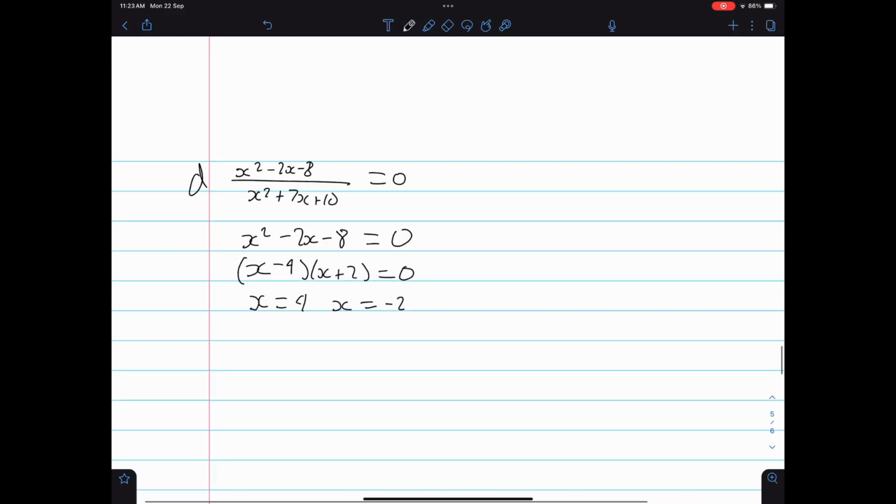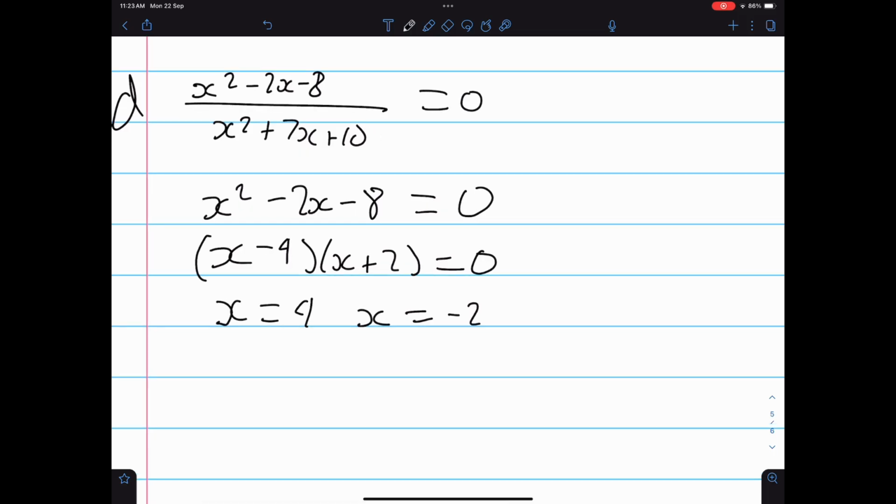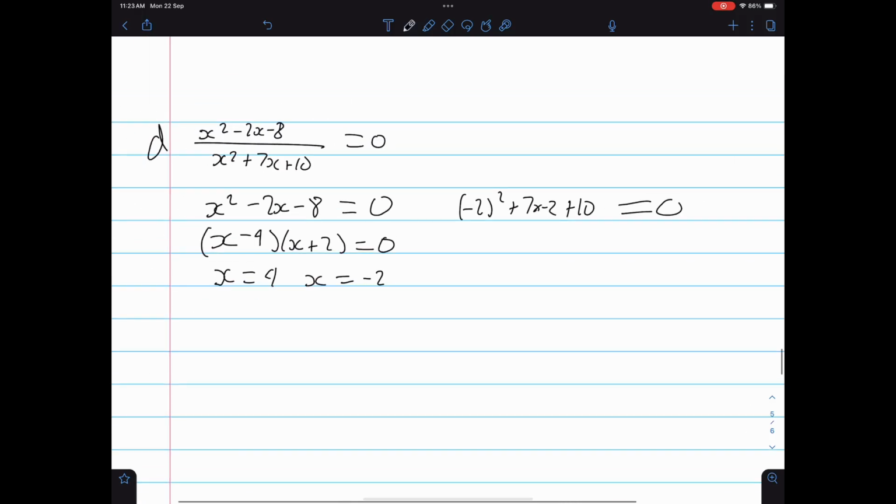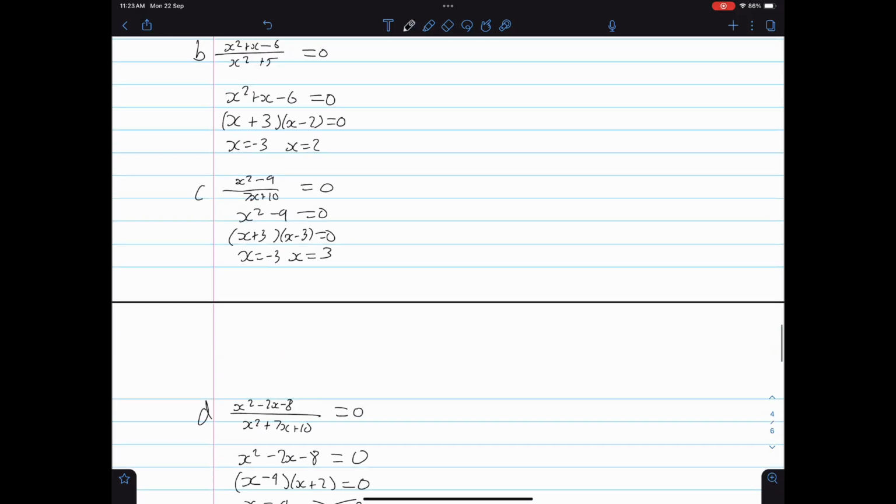But in this case I can see, right, if we do minus 2, this will equal 0. This is positive 4, this is minus 14, and this is 10. So that'll equal 0. And in maths, you cannot divide by 0. So this is why we reject this bit and accept only x equals 4.